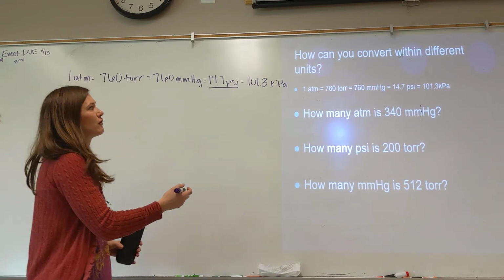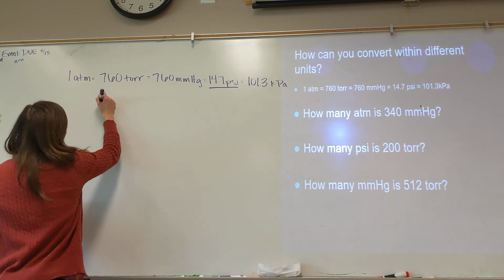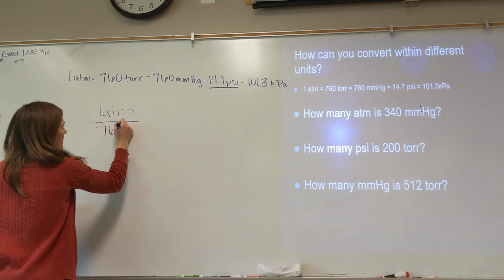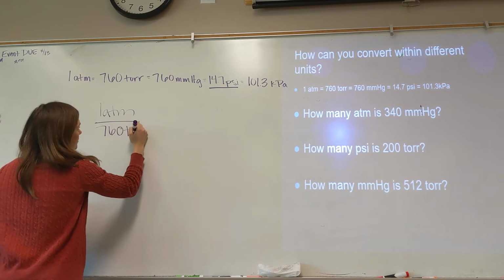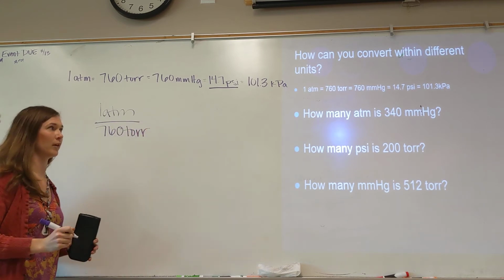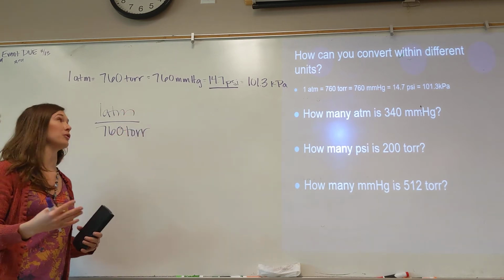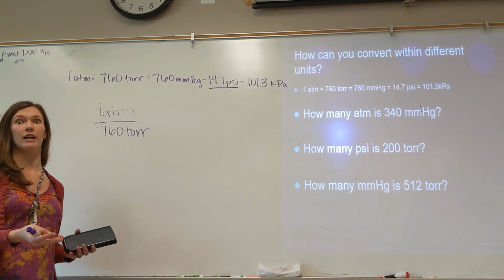So my conversion factor might be 1 ATM over 760 torr. And remember that I can flip that upside down if I need to. It depends on what my given is.